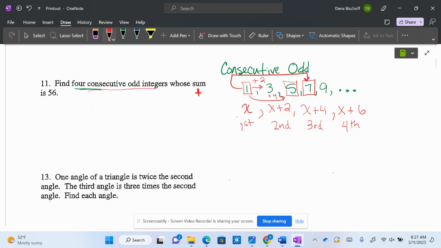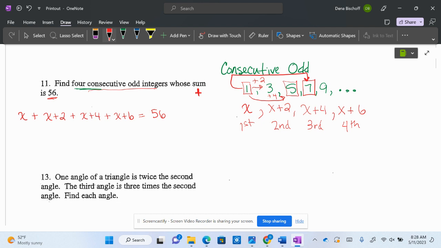So I'm going to add them together: x, my first integer, plus x plus 2, my next integer, plus x plus 4, plus x plus 6, and that all equals 56.